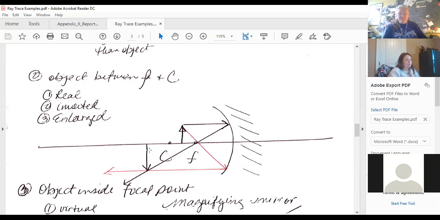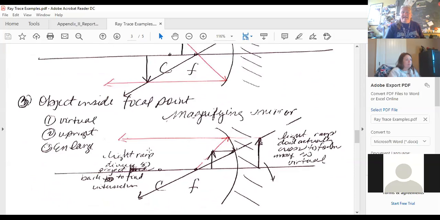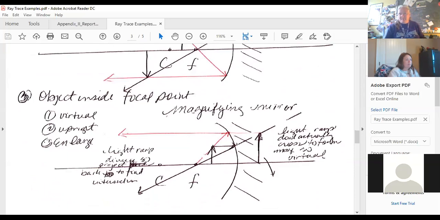But guess what? As you might have already figured out, if we get inside the focal point, now we become diverging. So in parallel, out through the focal point, in through the focal point, I have to dash back with my ruler, and then it looks like it came from this way, so it comes out parallel.